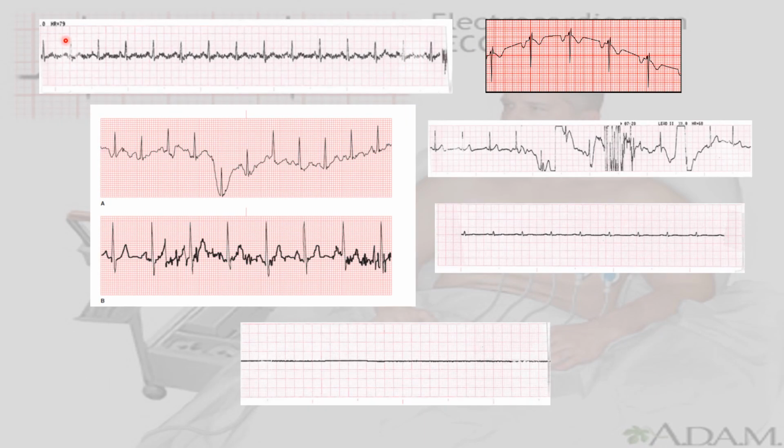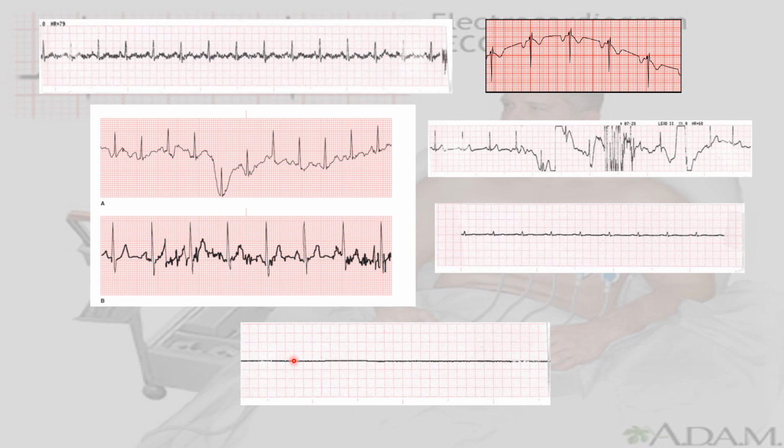Like here, for example, in this tracing up here, you cannot see a clear baseline because there is too much fuzziness. For this one, you can see it's going up and down. This one also has some area here that is not clear, maybe the patient is moving. This one also, maybe there is some movement.